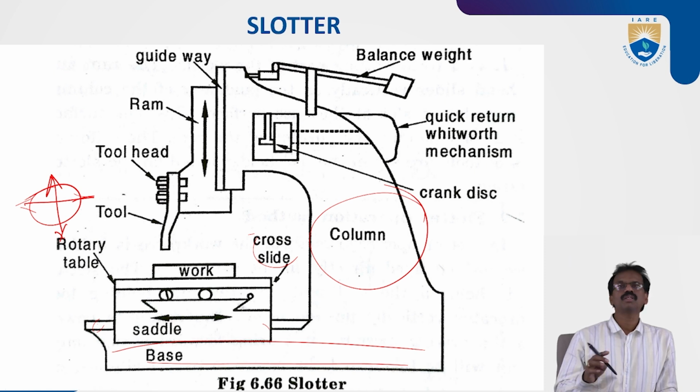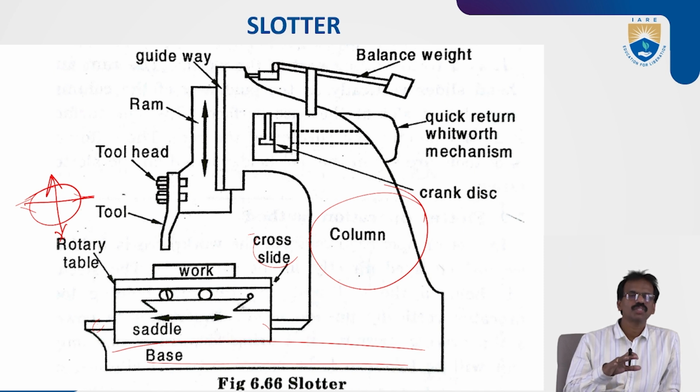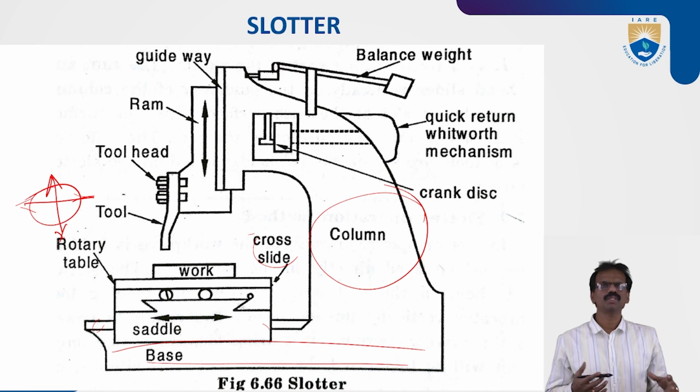The rotary table is fixed on the cross slide. On this table, T-type slots are machined. With the help of those slots, we fix the workpiece using some work holding devices.